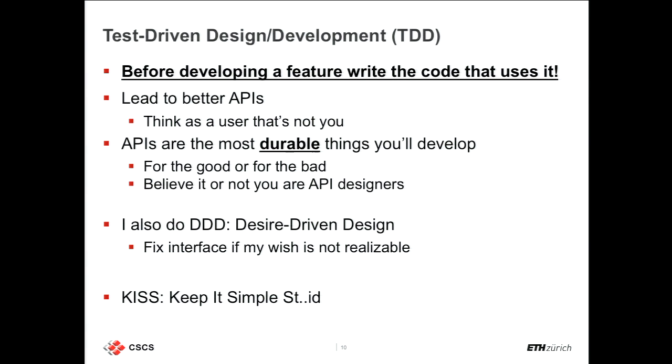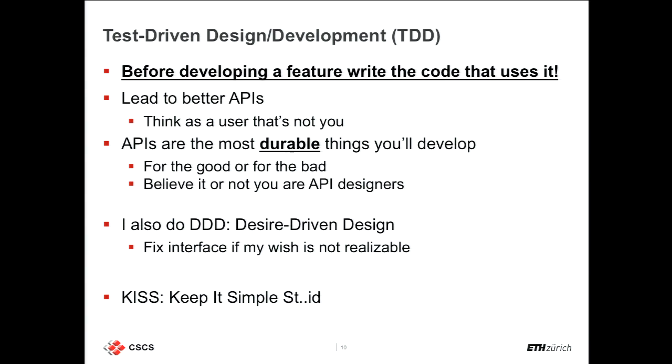This allows you to think as a user, first of all. You put yourself in the shoes of the user, and this helps in designing better APIs. Whoever is going to use that function will not be surprised, because it will be designed in a very natural way.